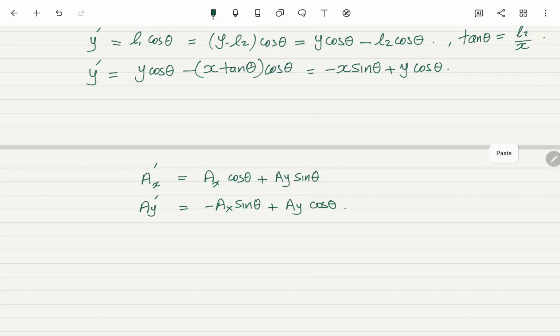Now the conclusion from all this: if the two components ax and ay do not transform in this manner, they cannot represent components of a vector.